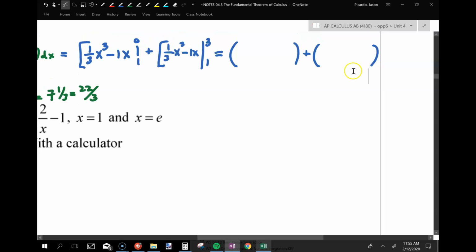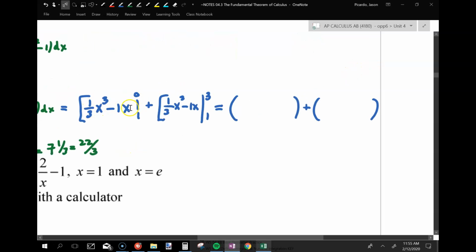All right, let's see if we can do this here. What do I got to do, guys? I got 2 separate integrals, right? I got to plug 0 into this, plug 1 into this, and take the difference. Then I have to add, plug 3 into this, plug 1 into this, take the difference. So I'm going to have a third of 0 cubed minus 0.